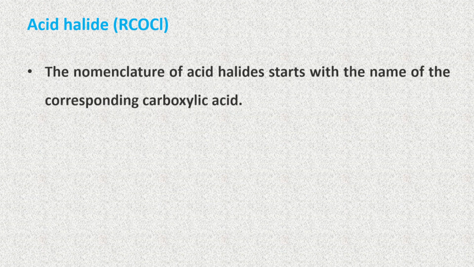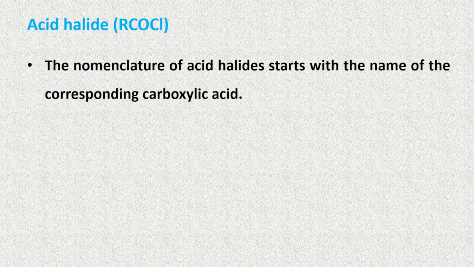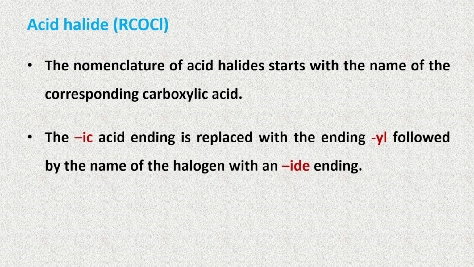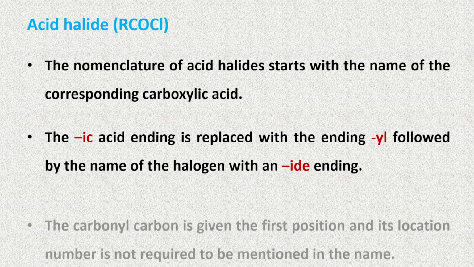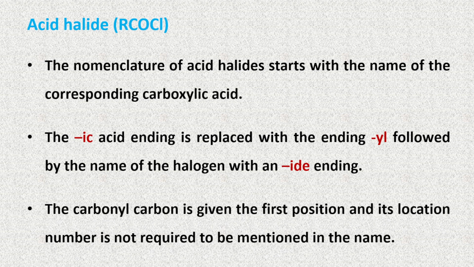The nomenclature of acid halide or any other acid derivative starts with the name of their corresponding carboxylic acid. The -ic acid ending is replaced with the ending -yl, followed by the name of the halogen with an -ide ending. The carbonyl carbon is given the first position, and its location number is not required to be mentioned in the nomenclature of the acid halide compound.